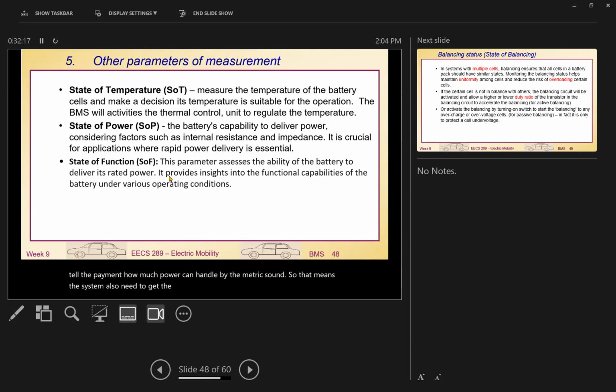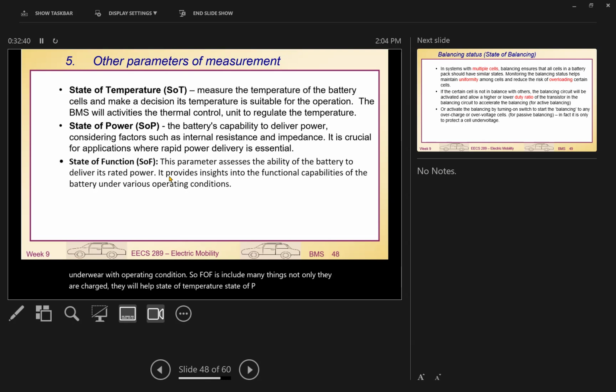Okay. Of course, SOF, state of function. This parameter assesses the ability of the battery to deliver its rated power. It provides insight into the functional capability of the battery under various operating conditions. So SOF includes many things, not only state of charge, state of health, state of temperature, and state of power.